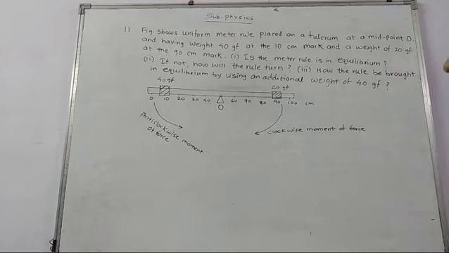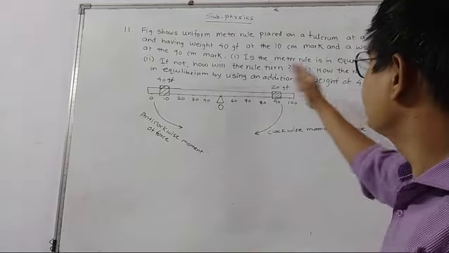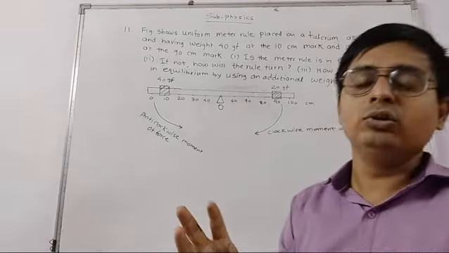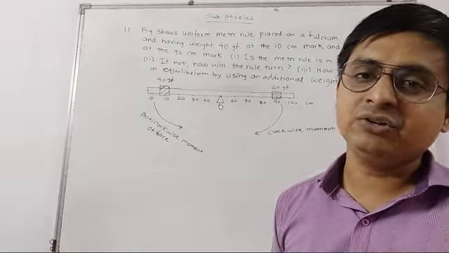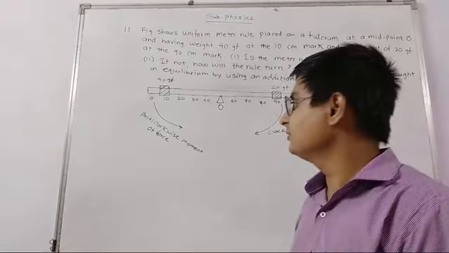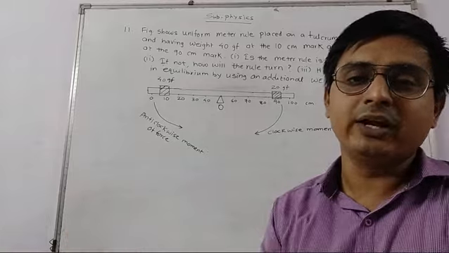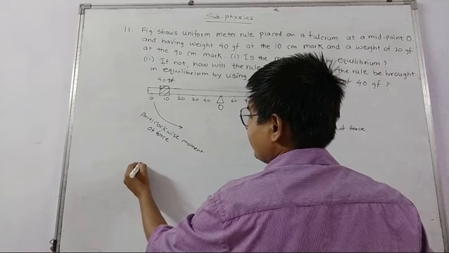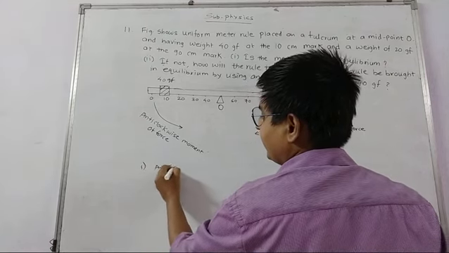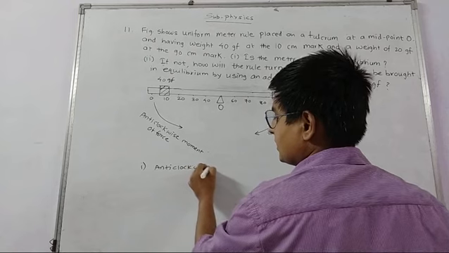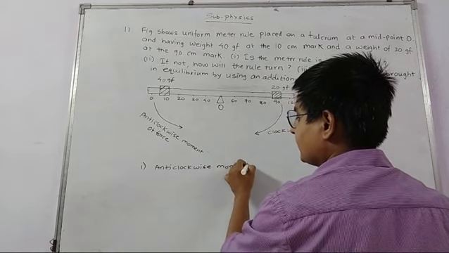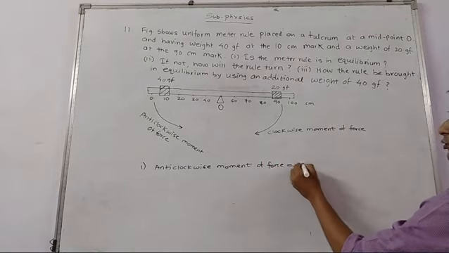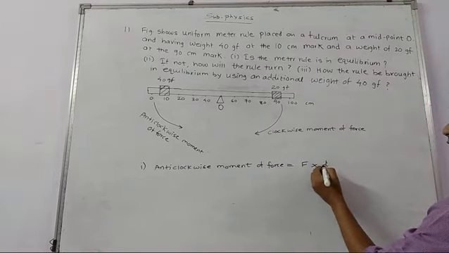Okay, so our first question is, is the meter rule in equilibrium? The condition for equilibrium is that the anti-clockwise movement should be equal to the clockwise movement. So first of all, we will be calculating the anti-clockwise movement of force, which as usual is force into perpendicular distance.